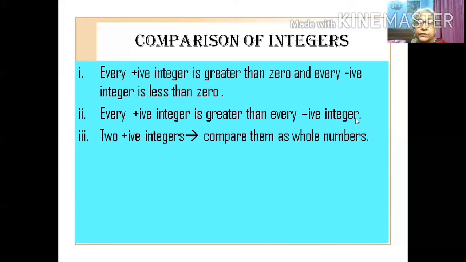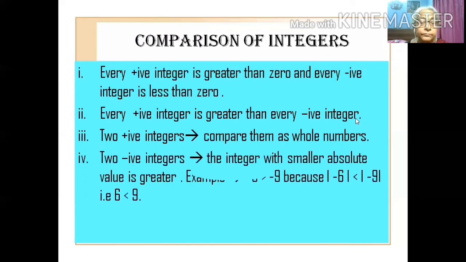When there are two positive integers, we compare them as we compare whole numbers. Two negative integers: how to compare? The integer with smaller absolute value is greater.